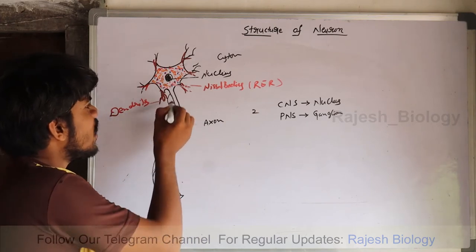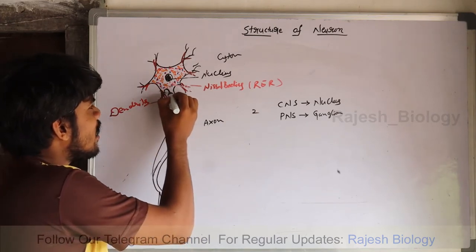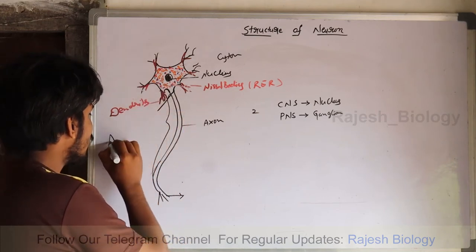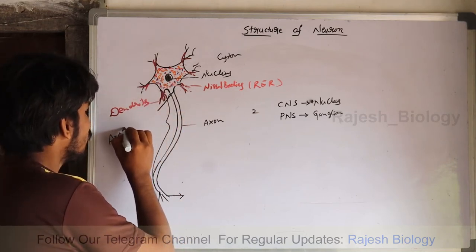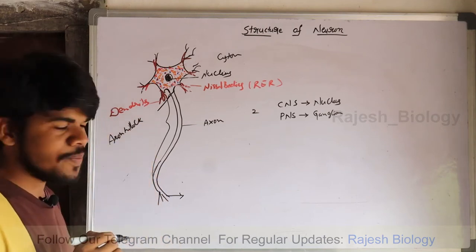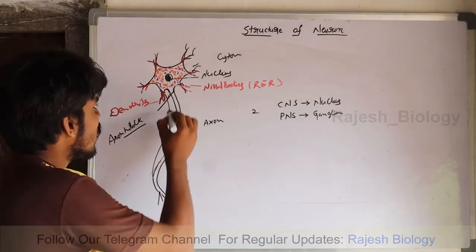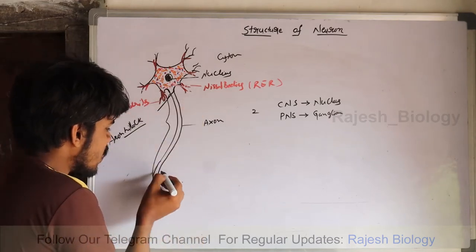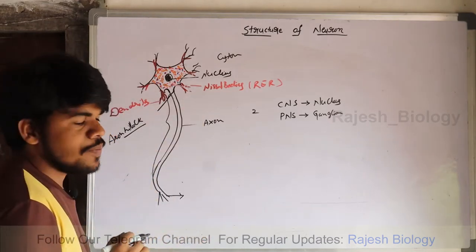Axon originates from the cell body, and the site of origin is known as axon hillock. Very interesting name. From the axon hillock, the axon will arise, and it conducts the nerve impulses to the next neuron.